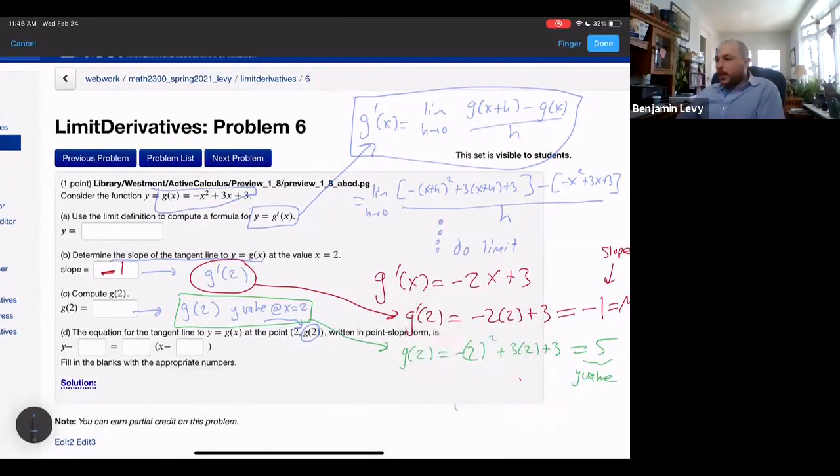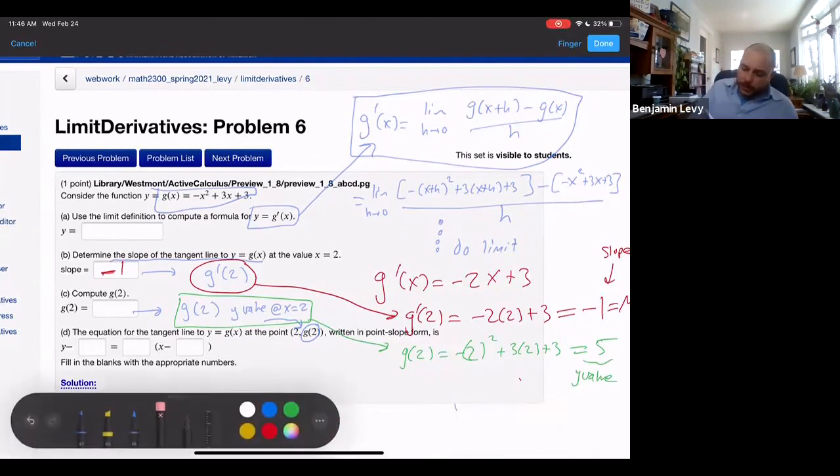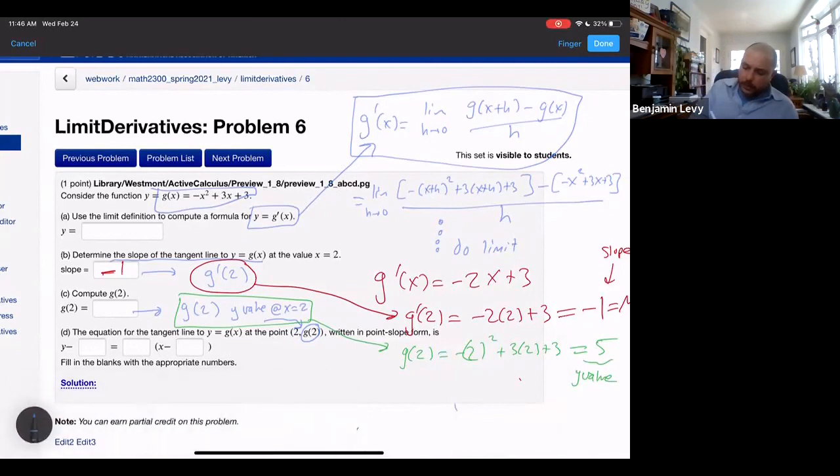And then the last part is just to write the equation of the line. I'm going to do that at the bottom, but are there questions about what I've done so far? Is that okay? Took the derivative, plugged in the value to get the slope.